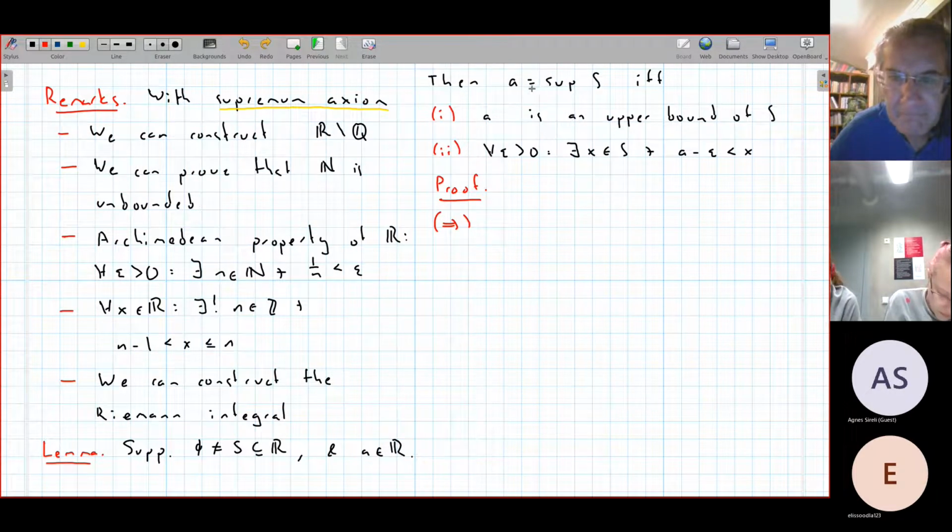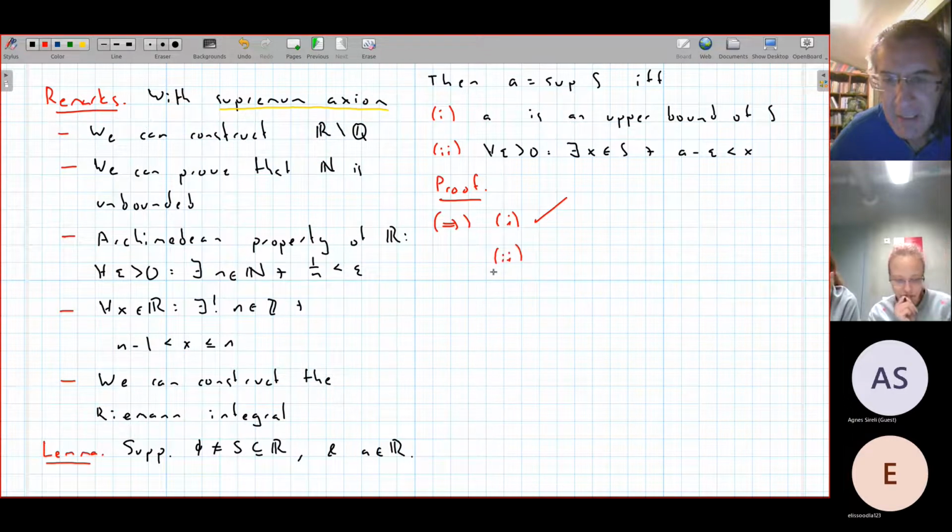Now, since A is the supremum of S, remember supremum is the least upper bound of S. So that implies in particular that A is an upper bound of S. So this property is satisfied easily, right? We only need to prove the second property.